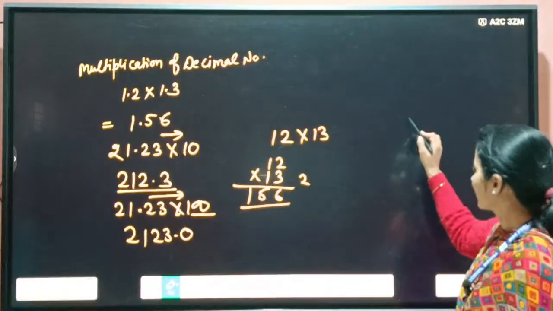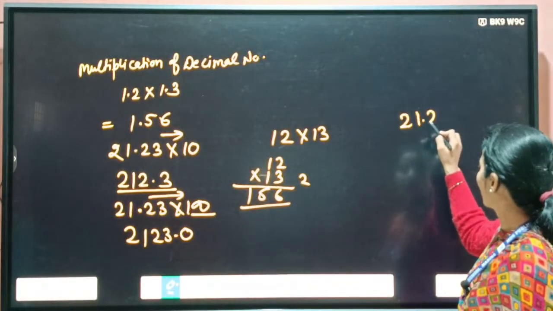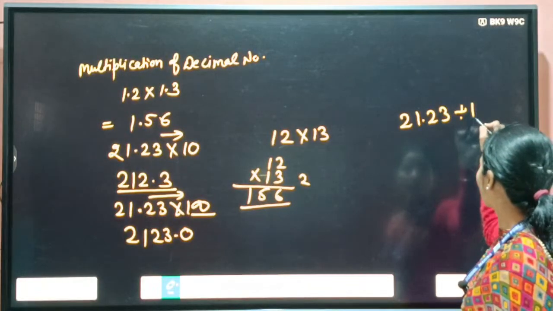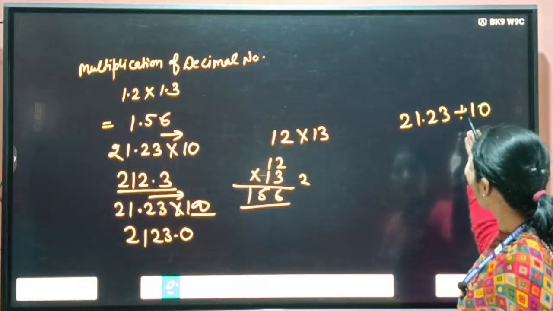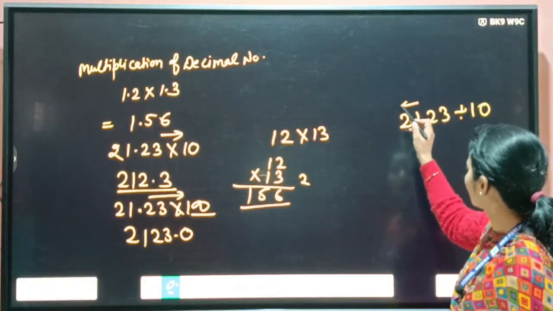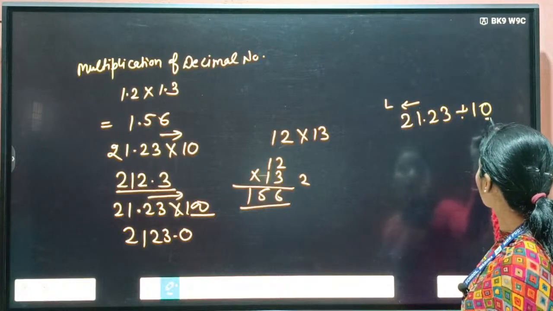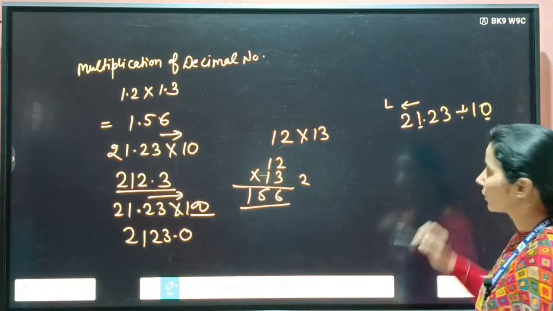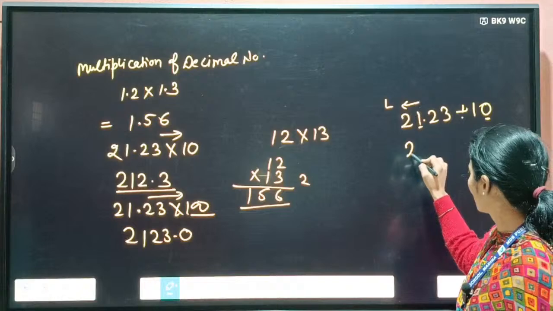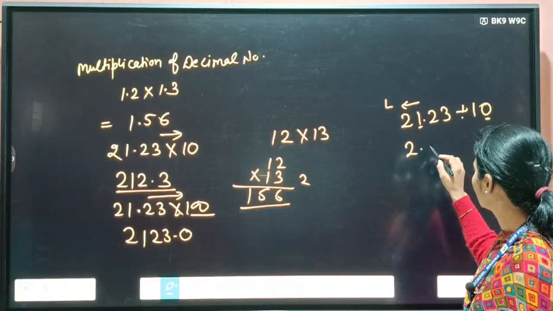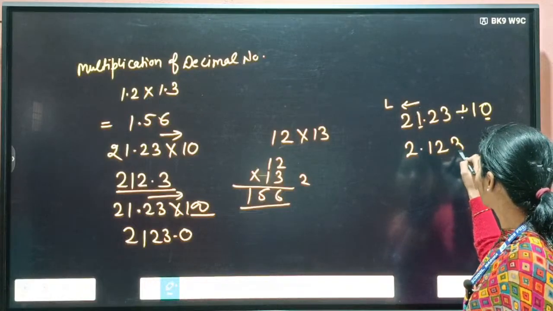in division, suppose 21.23 is there and I have to divide by 10. In this, the decimal will shift towards the left by how many digits? One digit, because 10 is there. So you will write 2.123.